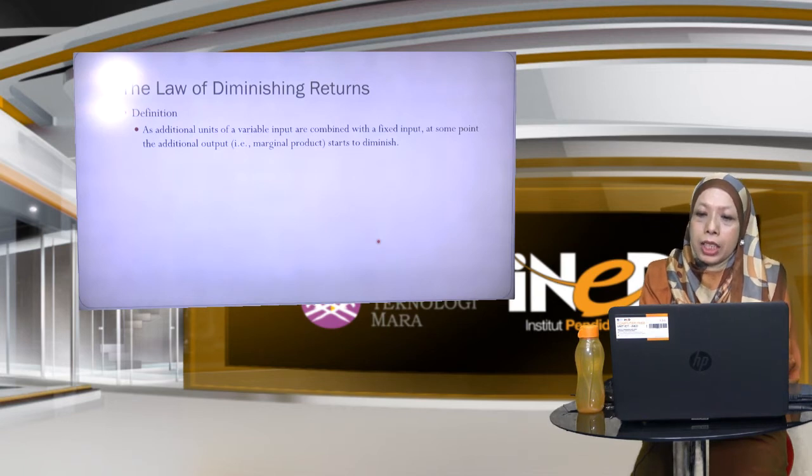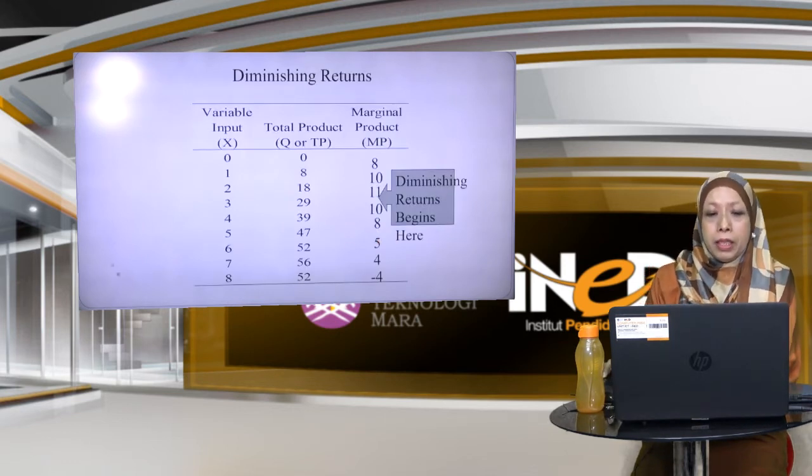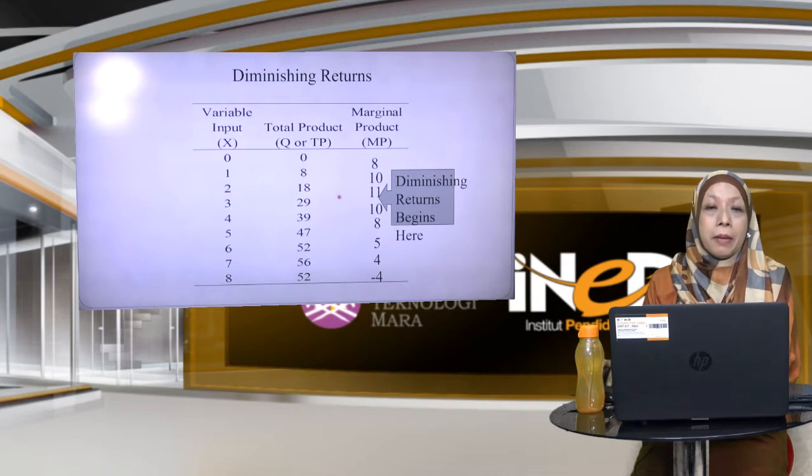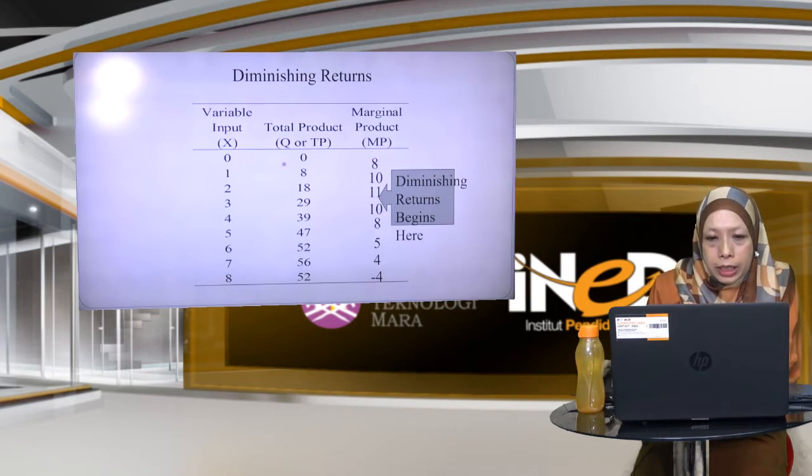So let us look at how we determine diminishing return. Remember that just now we have already established the column for marginal product. If you look at this production table, you can see that as input increases, total product increases and marginal product increases.